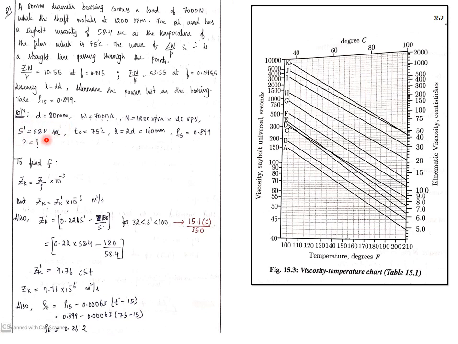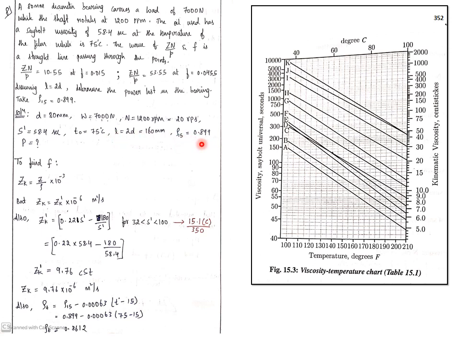Second, he has given the operating temperature as 75 degrees Celsius. He has given the length and diameter of the bearing as L equals 2D, where D is 80 mm, so you can substitute D to get L.